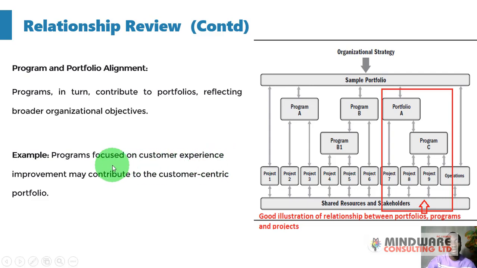Those are activities focused on customer experiences. You could have different programs driving these things, and when you put those programs together, you're now talking about a portfolio to make the organization more customer centric. You understand that now? So that's how it works.